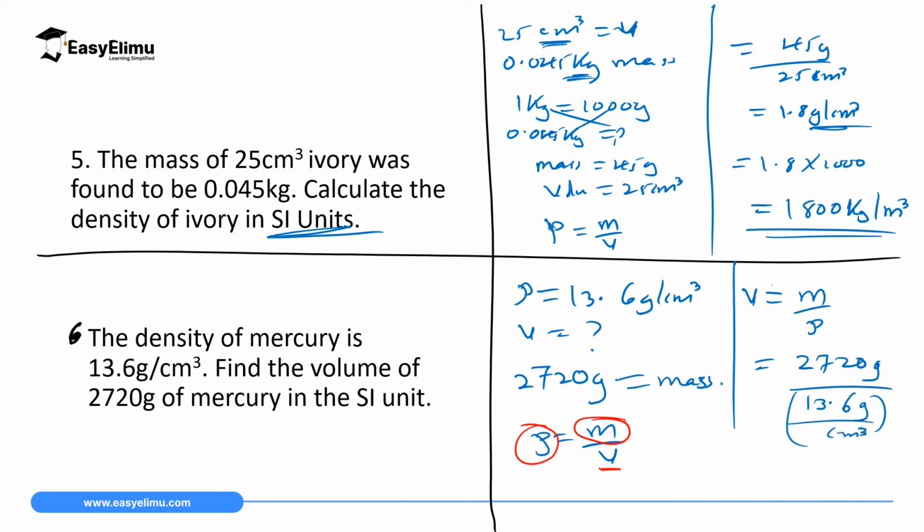Remember, this one is now going to give us 200 cubic centimeters. So remember, this gram will go with the gram, and then this one will go up, and then we will get 200 cubic centimeters.